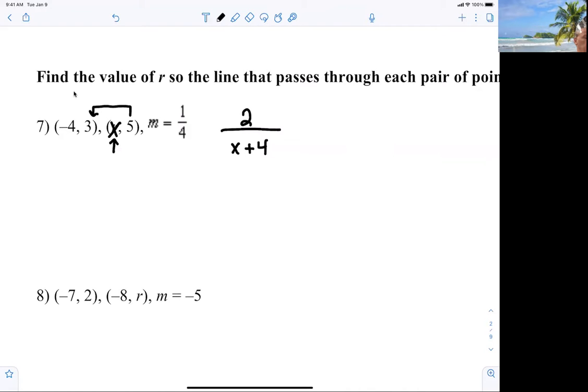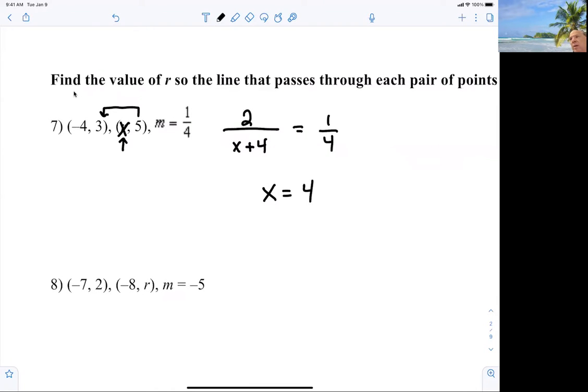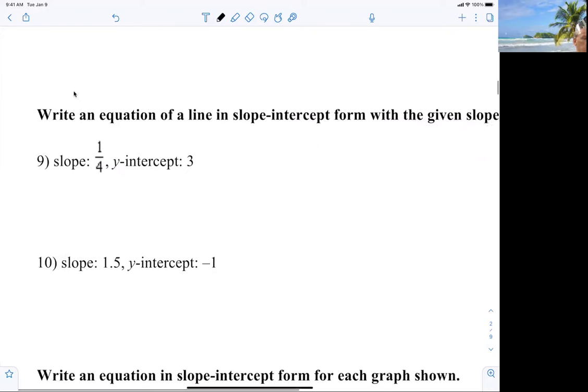So 2 over x plus 4 equals 1/4, right? Hopefully everybody's doing that mentally real quick. And so x would be 4. I'm not having a problem with that. Anybody else? Questions? Come on, guys, tell me. Nothing? All right.